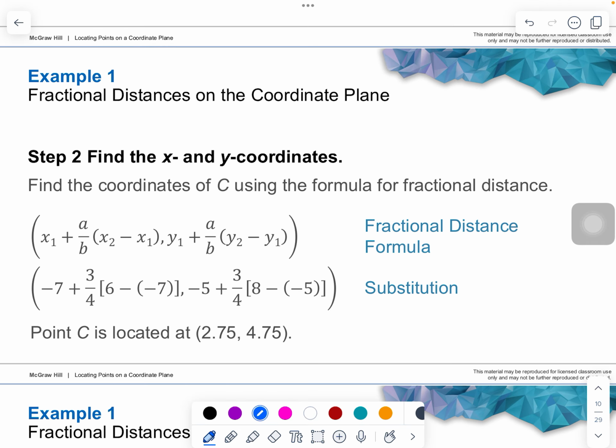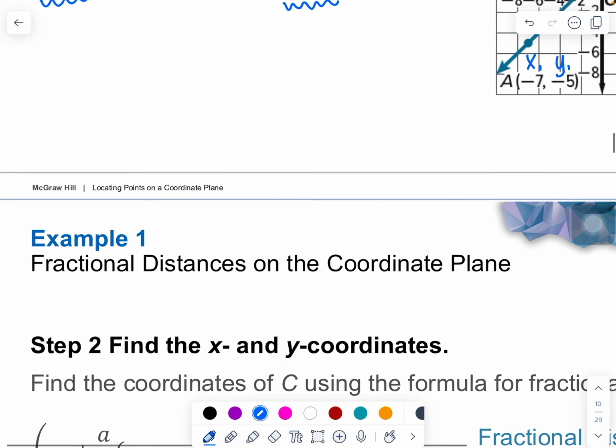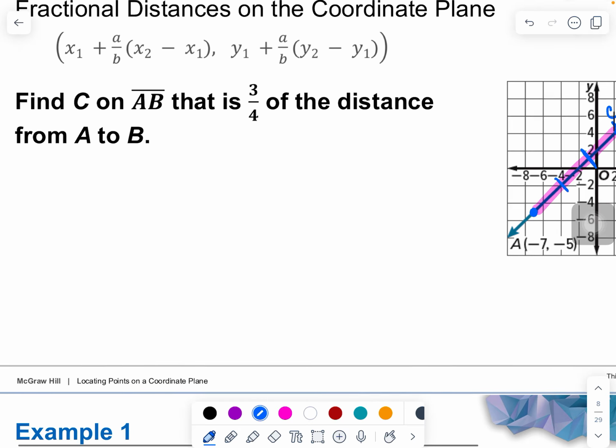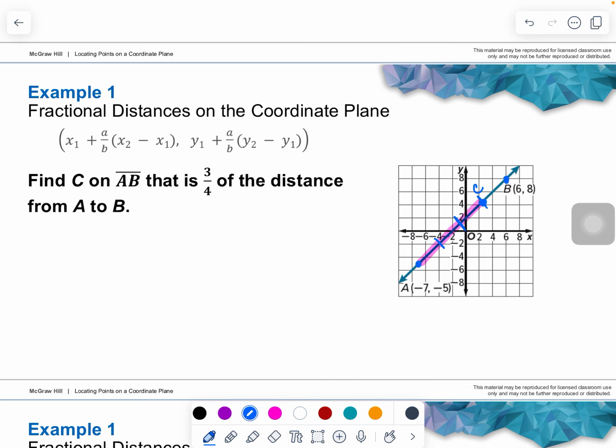Now, I take the equation itself and I rewrite it. That's kind of a mess there. So I'm going to show you how I do it myself up here. Sometimes I like what they do for us in McGraw-Hill. Sometimes I feel like they just make a mess. So let's come up here. So if we've got x1 here and y1 here, and we've got x2 and y2 is going to be 6 and 8.